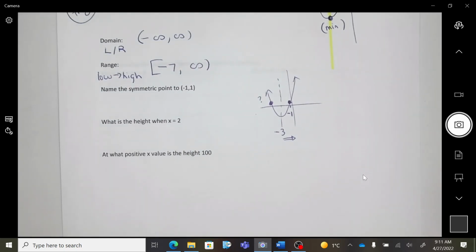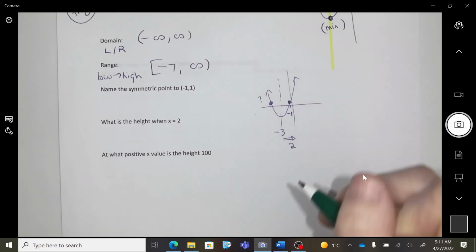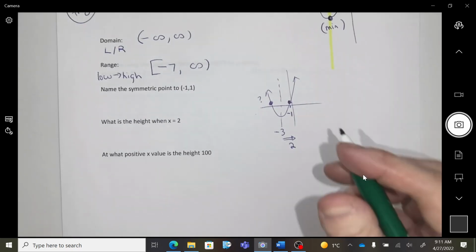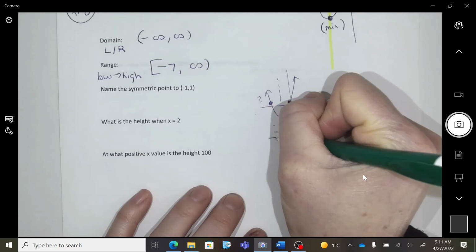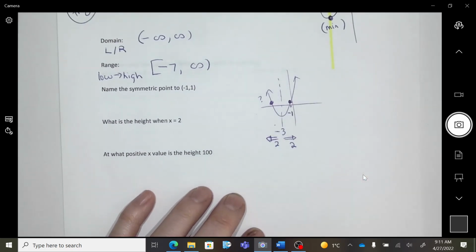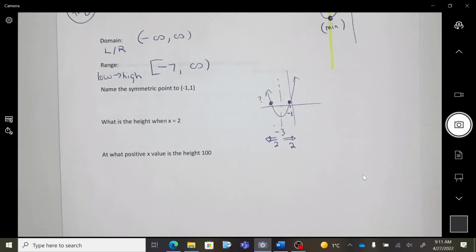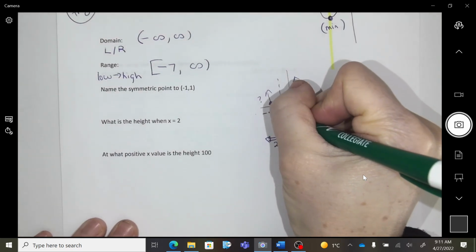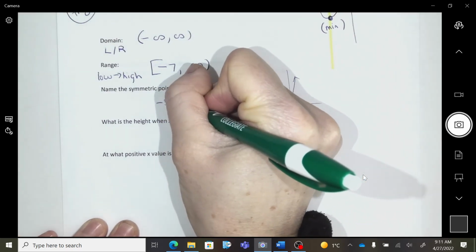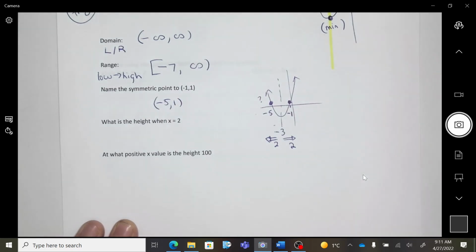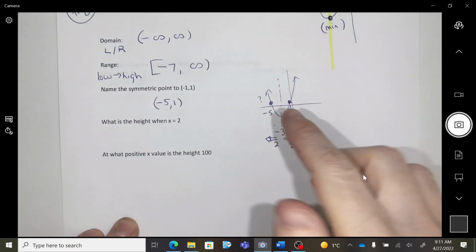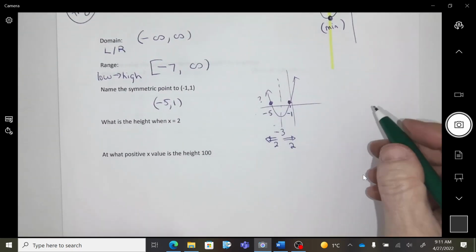So how much is that point away from the split line? It's 2 away. So let's go 2 in that direction. Where do we get to on an x value if we go 2 in that direction? We should get to -5. And then obviously the height is the same.